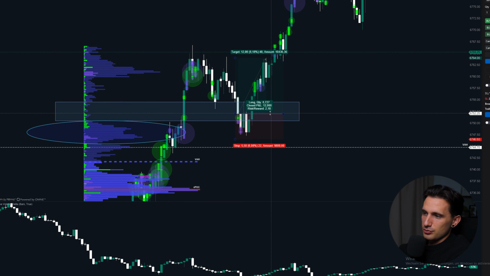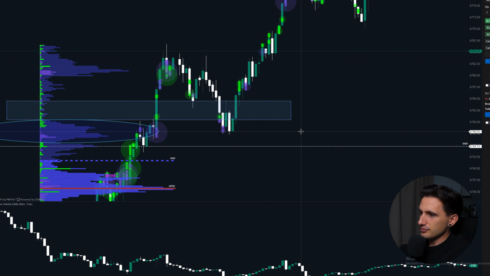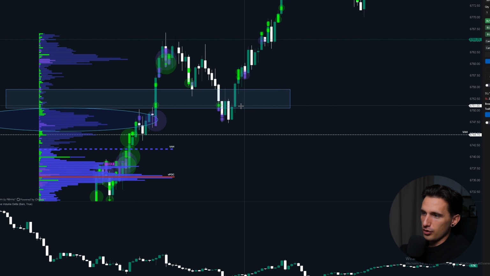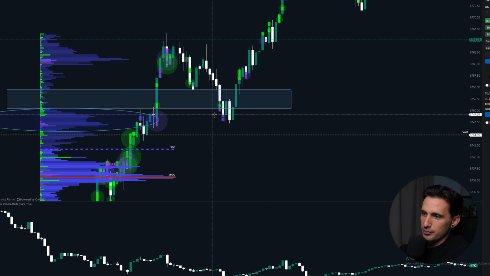So again, what we can see, if I can explain this a little bit better, guys. We are coming into this low volume node. We're seeing buying aggression. First confirmation. You jump in this trade and now the market goes a little bit against you, right? But you see this because here sellers stepping in on these purple bubbles right here. You can see these sellers stepping in here.